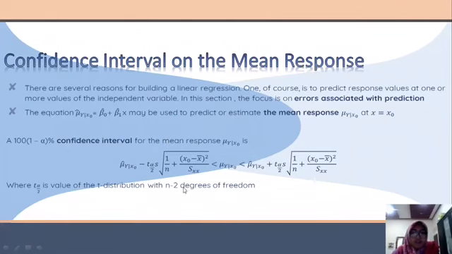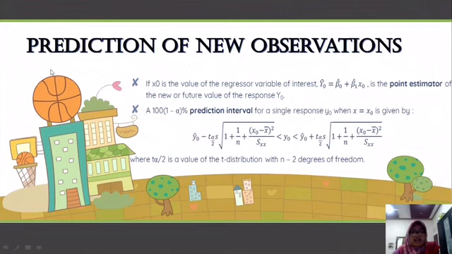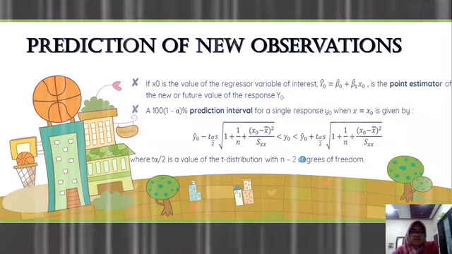And then the degrees of freedom is n minus 2. And the last is prediction of a new observation. We can predict using the linear regression by using this formula, and also the degrees of freedom is n minus 2.